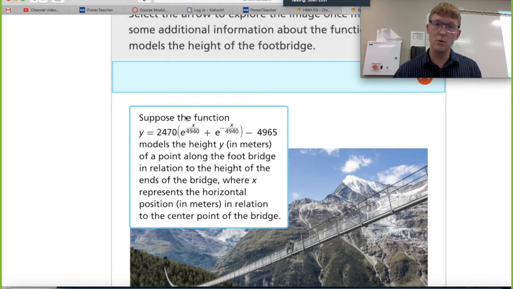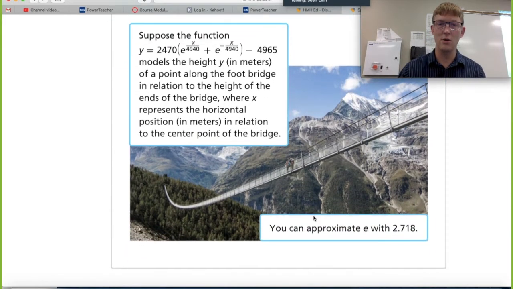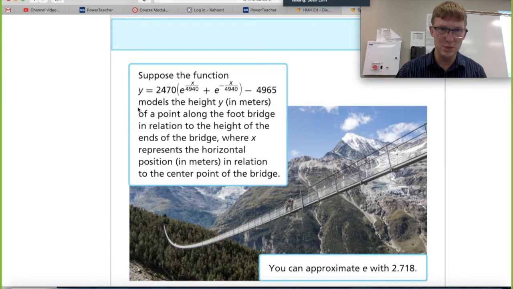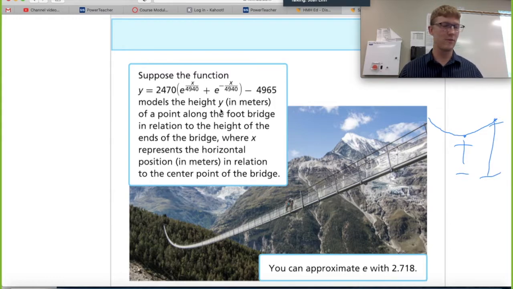Then y, the function, models the height in meters. So if we start here, what is the height from up here to the ground? This is the formula that would tell us all of those things.